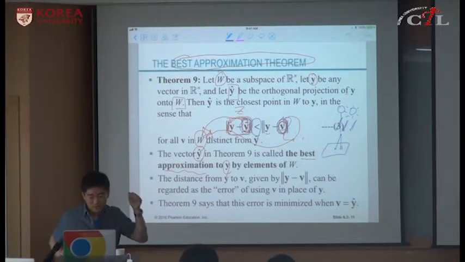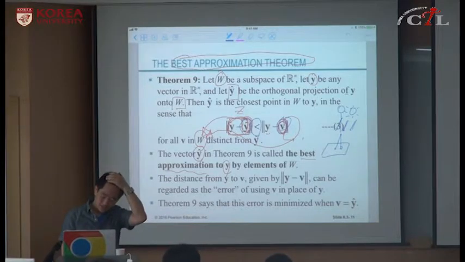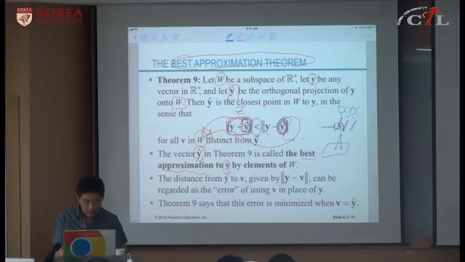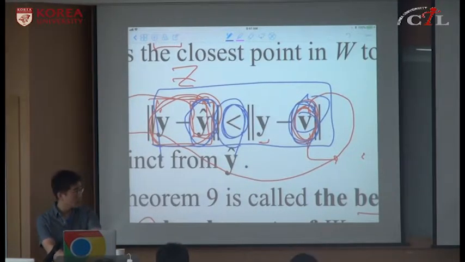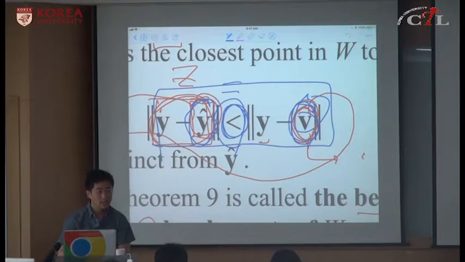Okay. So yeah, in this theorem, if you choose this v as a different point from y hat, then this inequality strictly holds, by having this inequality sign over here, not including the equality sign, right? And it's also related to the fact that your orthogonal projection is uniquely defined.